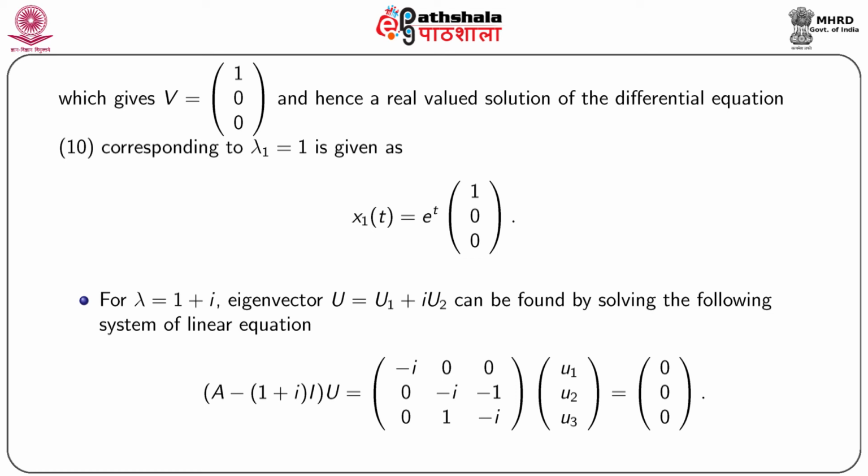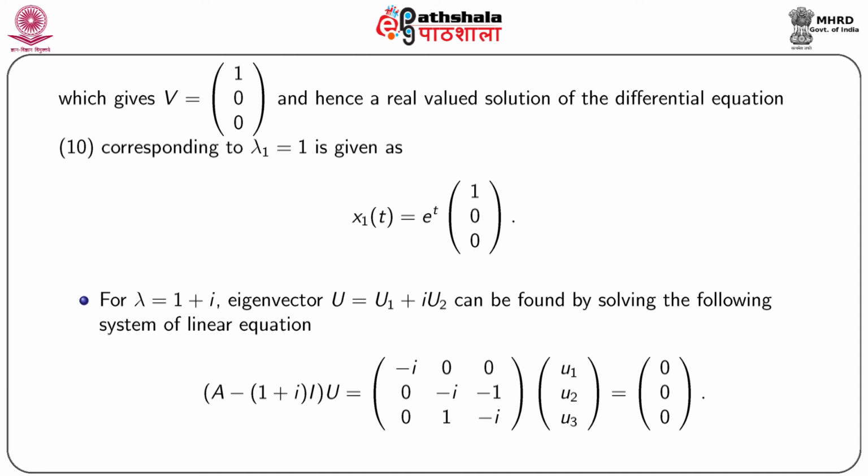Now, we look into the complex eigenvalues. For lambda equal to 1 plus i, we assume the eigenvector of the form u equal to u1 plus i u2. We substitute this in the matrix equation A minus lambda I times u equal to 0, where lambda is equal to 1 plus i.